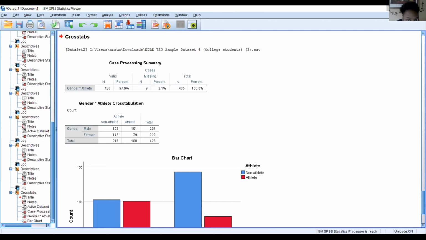You want me to go to descriptive and then crosstab? Yeah. Is anyone else seeing... I'm still seeing your output screen.